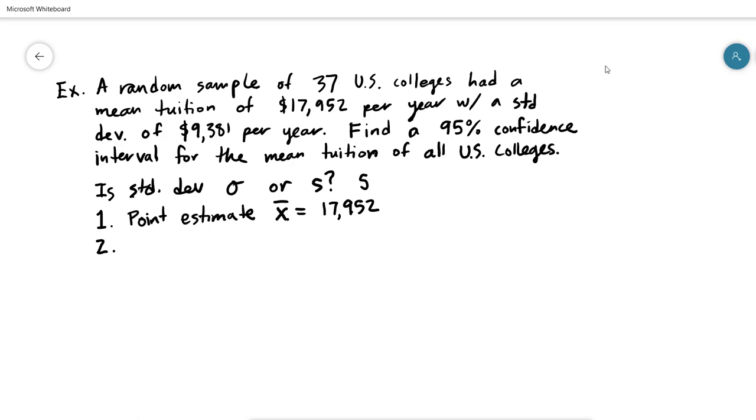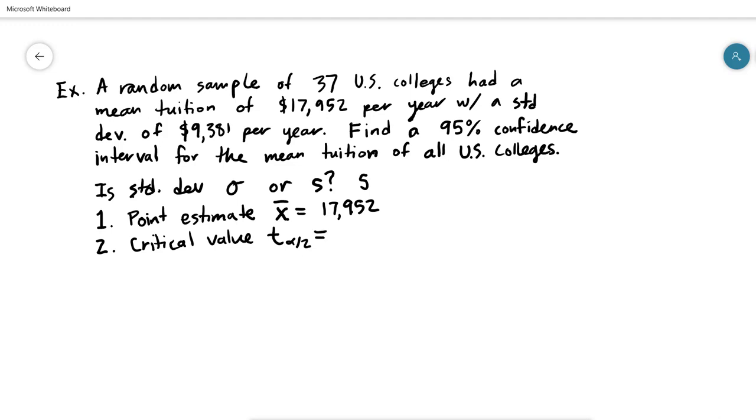The next thing that we're going to compute is our critical value. It is t sub alpha over 2. We know it's t because we're using s rather than sigma, which tells us we must be using a t distribution on this one.